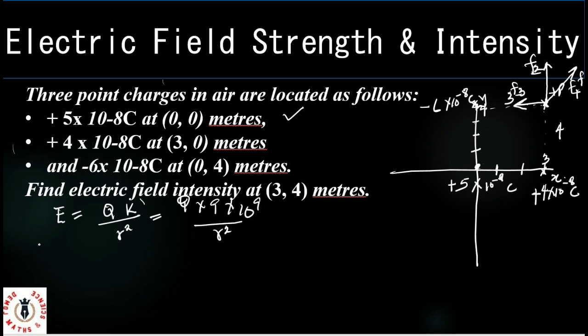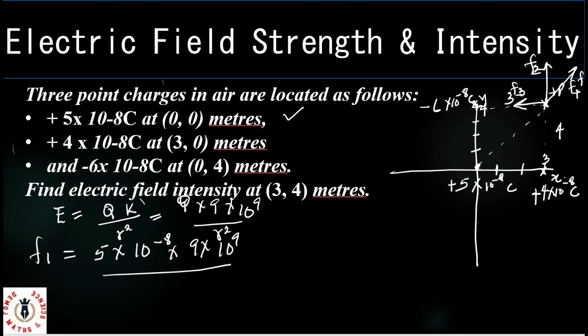So for F1, my Q is 5 times 10 raised to power minus 8 times 9 times 10 raised to power 9 over R squared. R is the distance between them.